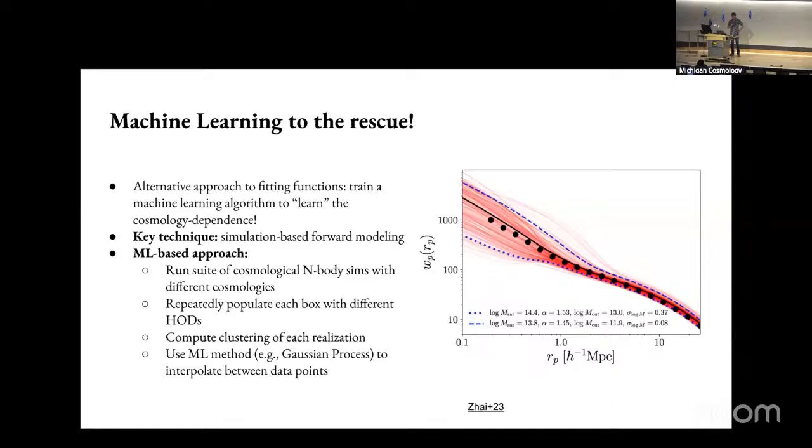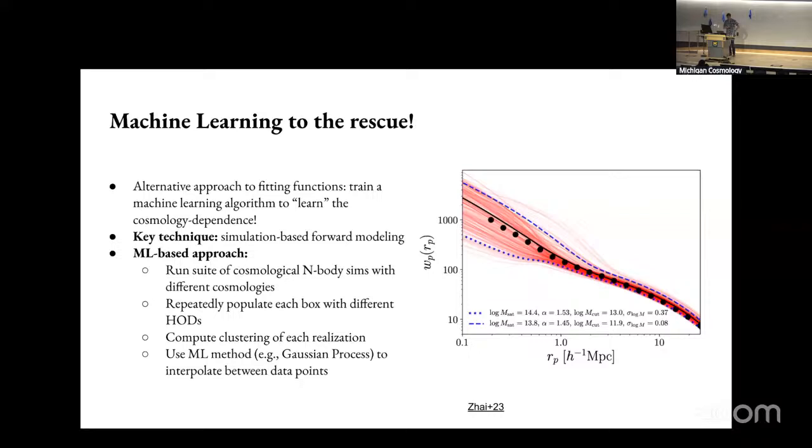It's very expensive to run suites of cosmological simulations spanning a wide range in cosmological parameters. Training a neural network requires enormous quantities of training data. You have hundreds of thousands or millions or more of parameters, so you need tons of training data. And so it's quite impractical to train a neural network to capture the cosmology dependence of galaxy clustering using directly simulated cosmological boxes.